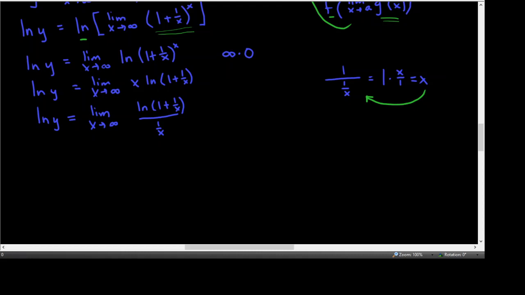Now, when we look at this limit, the natural logarithm of 1 plus 0 heads toward natural log of 1, which is 0. And as x goes to infinity, 1 over x goes towards 0. So this is now eligible for L'Hopital's rule.